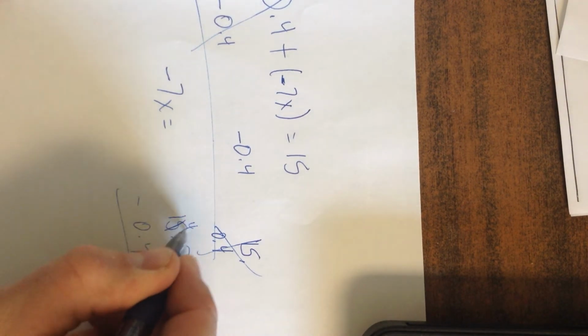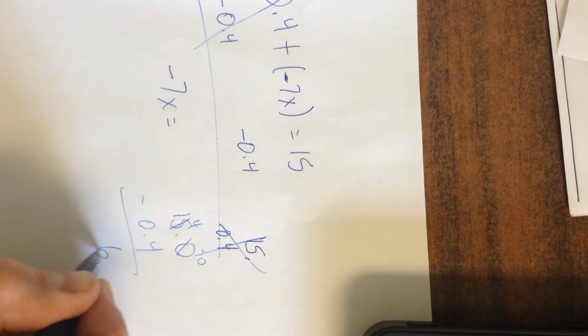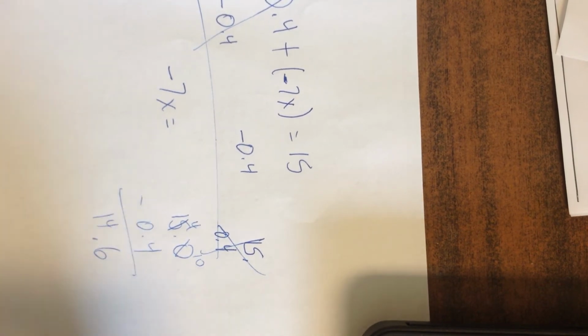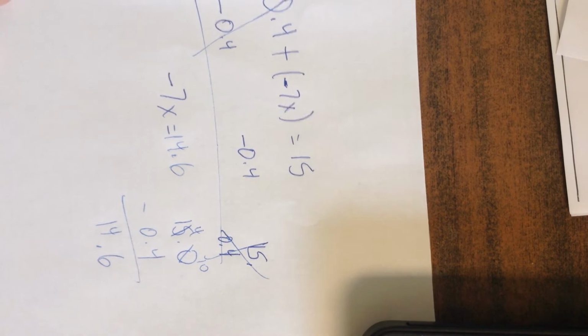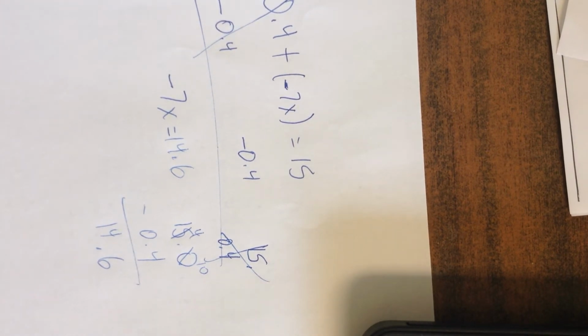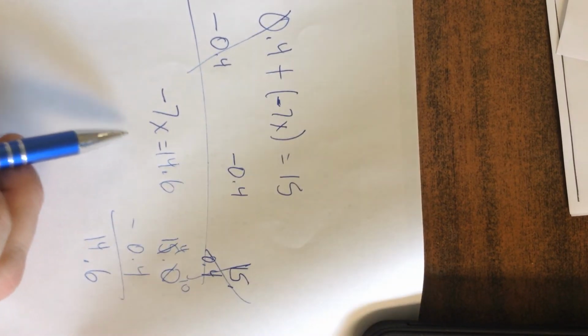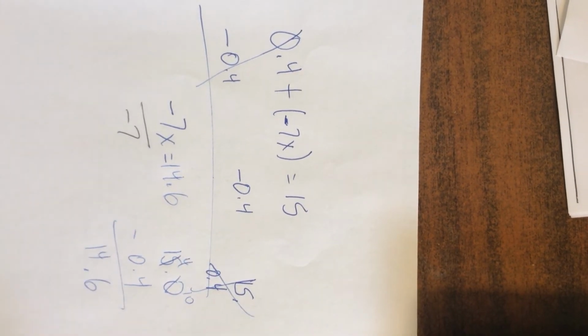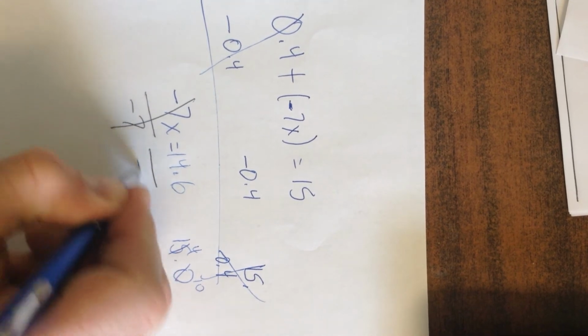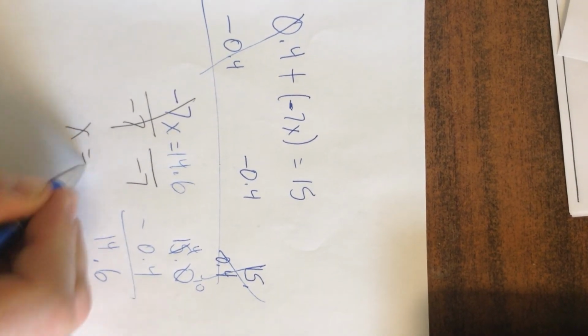Yes. Put the 4, put the 10, 6, 4, 1. So 14.6. Right, now what do I do? What's happening to the x? The x is being multiplied by negative 7, so I've got to divide by negative 7. I do it on both sides, leaving x by itself.